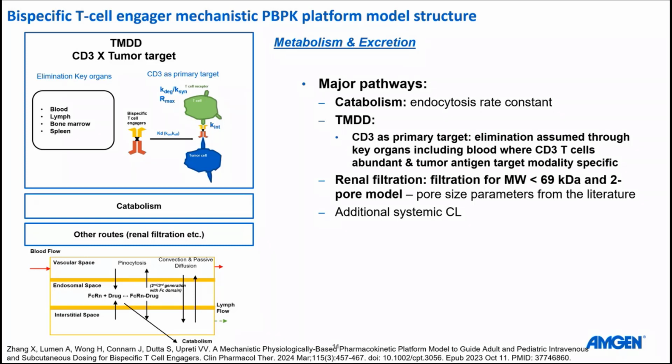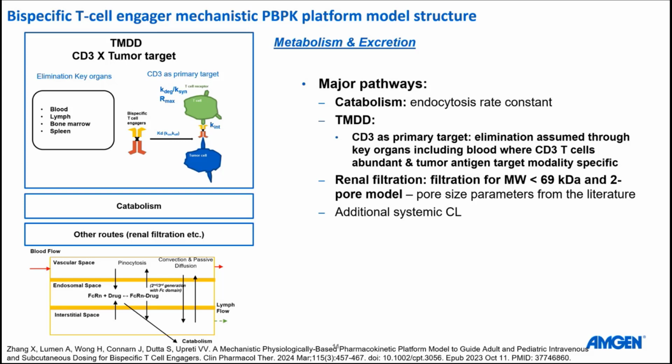This is because, first of all, CD3 target pathway is a common pathway for a general BiTE, and also data have shown that by analyzing the PK for some BiTE TCEs, the time varying component in their clearance tracks with the observation of CD3 T cell dynamics.